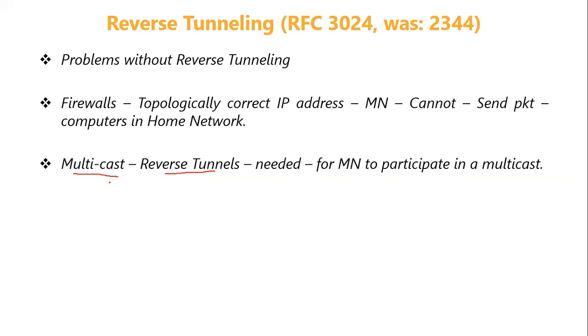I think it's clear. If the mobile node is in the foreign network, and by that time it wants to multicast packets to a few nodes in the home network, then it is not possible without using reverse tunneling. So that is the second reason why reverse tunneling is required.